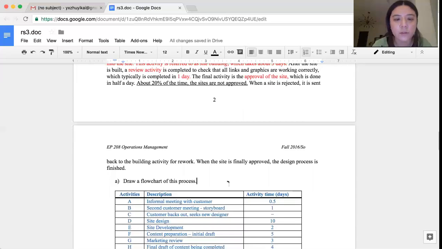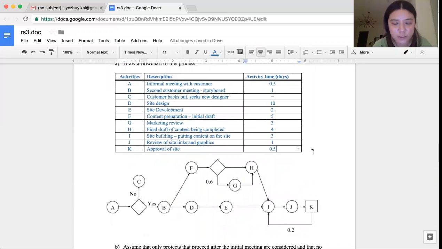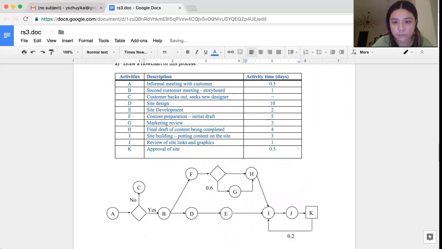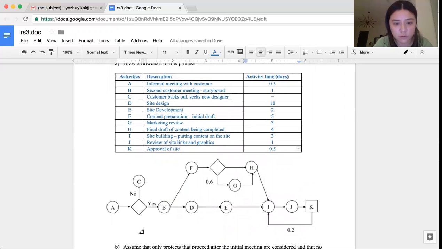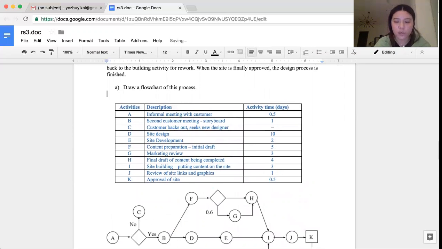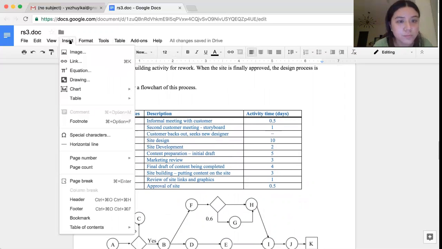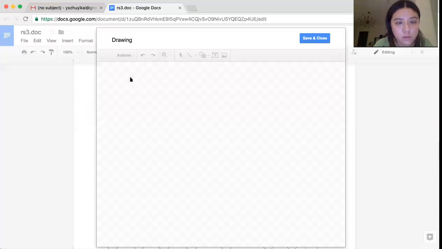The activity times are from the problems as well. So to draw the flowchart, what do we need to know? We should know the right angles.